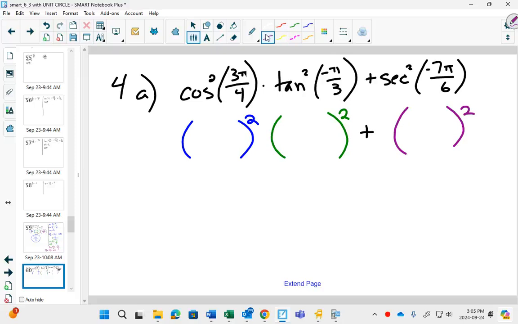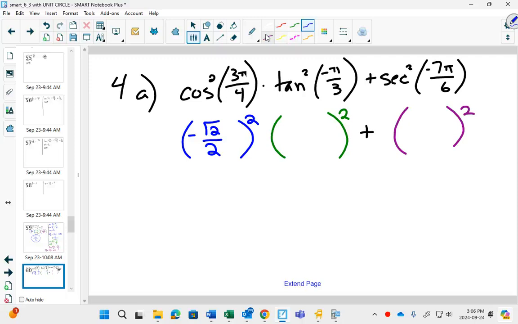Okay. 3 pi over 4 is part of my pi over 4 family. You can use scrap paper if you need to write it down, but I'll go through some of it in my head. I see the pi over 4 family. I know it's going to be root 2 over 2. 3 pi over 4 is in quadrant 2.